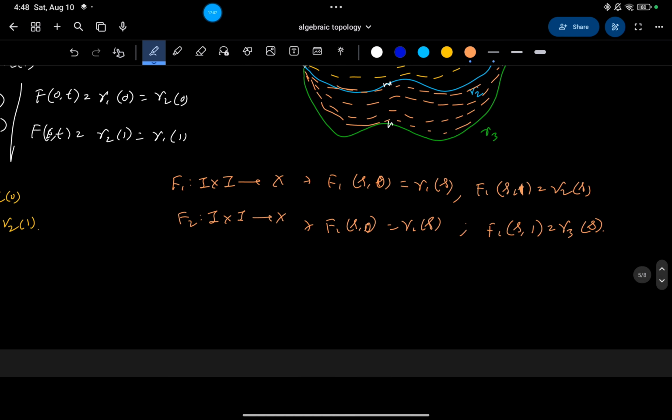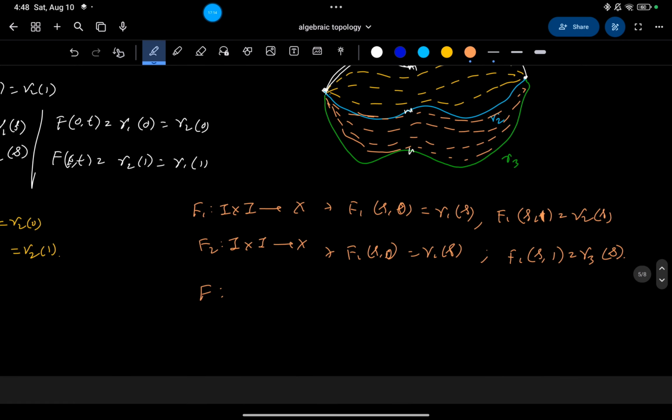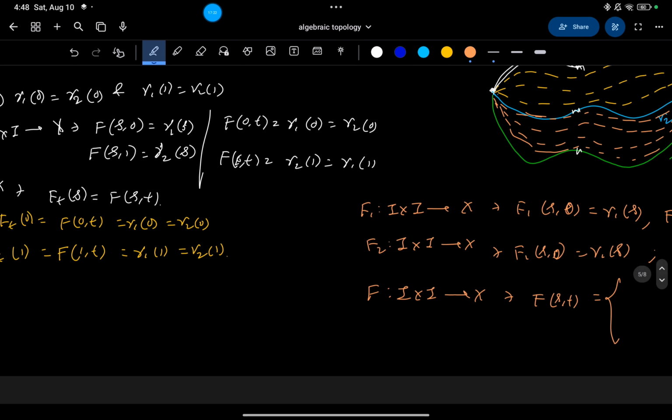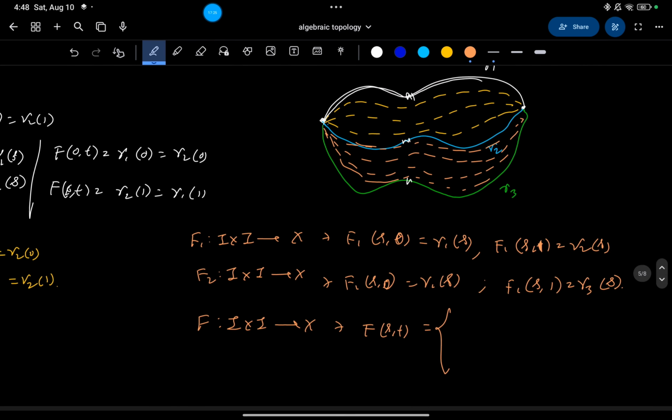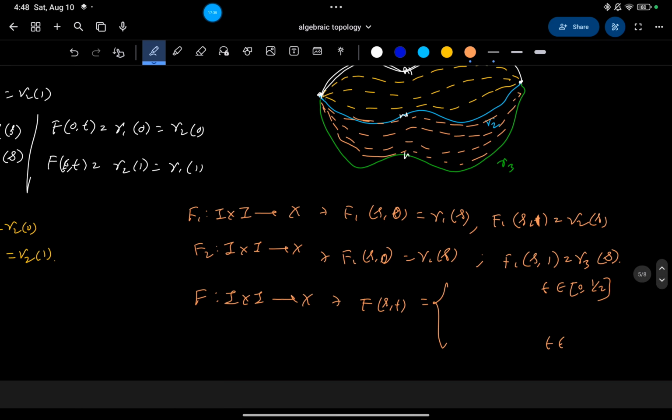So the required map to show between gamma 1 and gamma 3 is nothing but f from I cross I to X, such that f of s comma t is defined as follows. In the first half of the time you should traverse from gamma 1 to gamma 2, so t belongs to 0 to half, and then t belongs to half to 1.